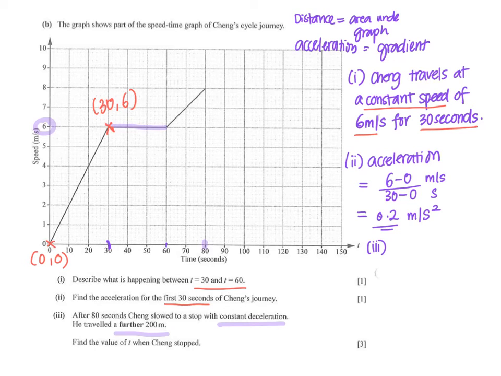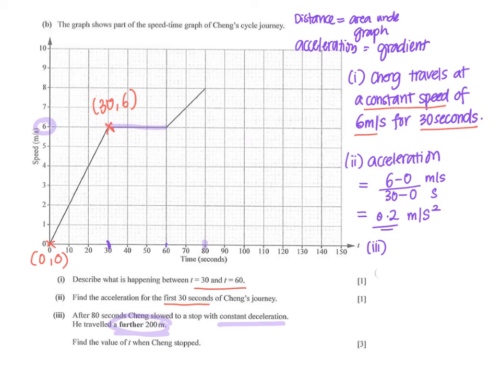That means a further 200 meters, this is a distance. Distance is the area under a graph. If it slows down at a constant rate, it will be a triangle. So the line is going to be sloping downward, but I do not know what time it ends. But I know that this distance here is definitely 200 meters.